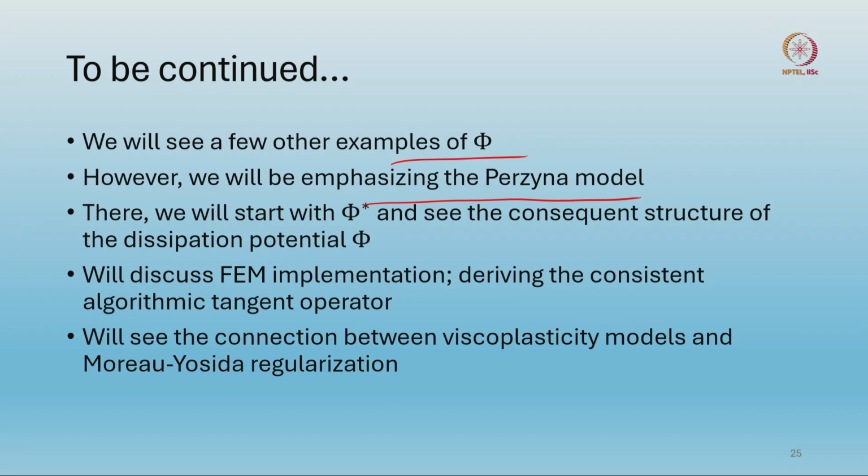The Perzyna model is the most well known and the most useful for engineering plasticity applications, and we will start with phi star there and then see the structure of the potential phi as we did for the Drucker-Prager model, right. We will always start with phi star because that is the easier construction.